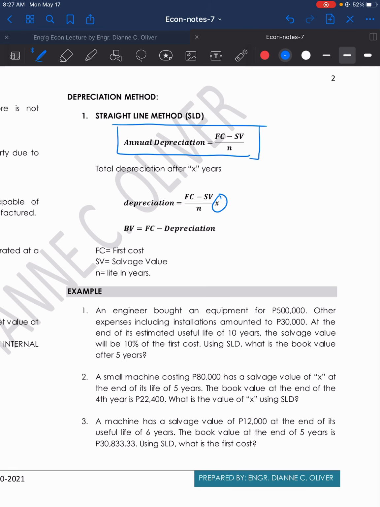For example, if the life of the property is 5 years, then how much depreciation has been accumulated after 3 years? So we will put here 3 years, whereas here we will put 5 years. Now, the book value is equal to first cost minus the depreciation computed. We will show a graph later on to show the relationship between the book value and the depreciation.